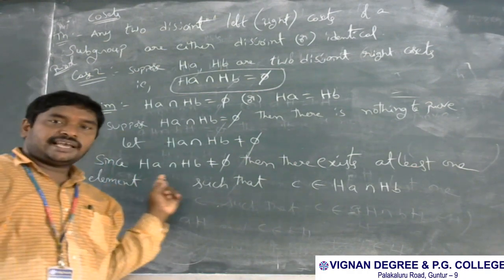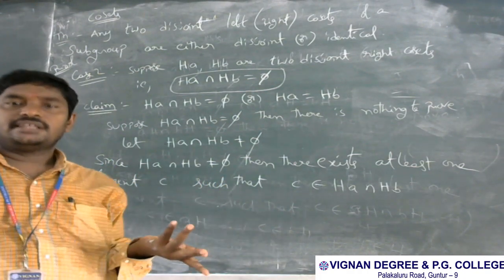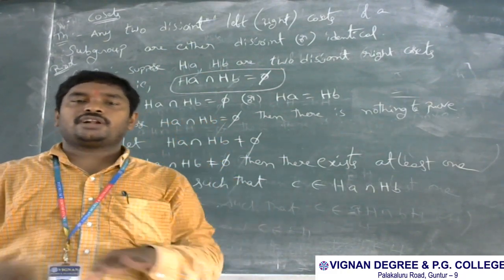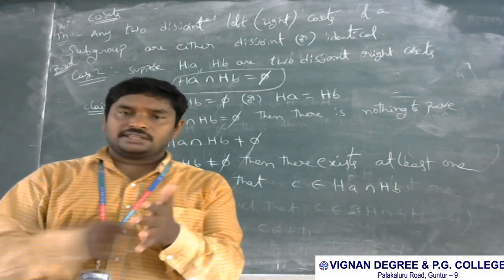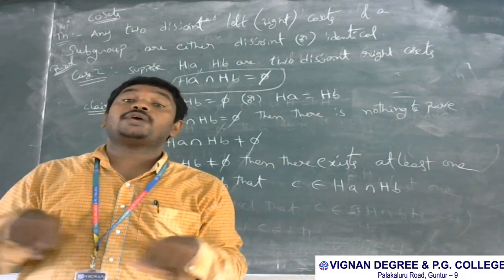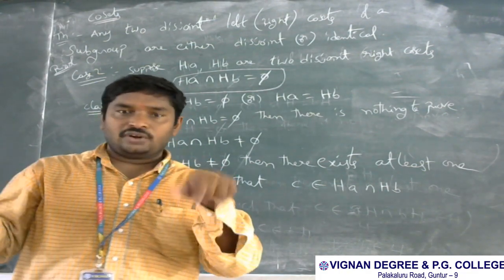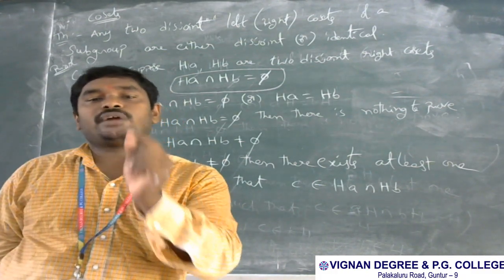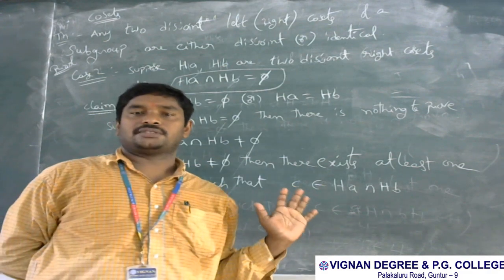Since Ha intersection Hb is not equal to the empty set, it is not empty. For example, in our classroom, if nobody is there, we can lock the empty rooms. But if anybody is there, you can't lock, because at least one or two or three people exist.